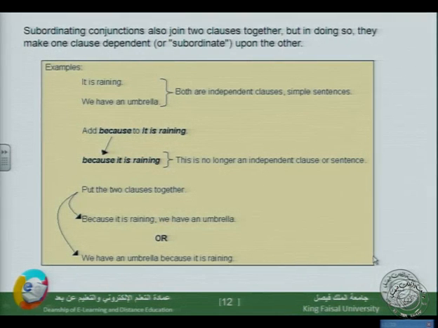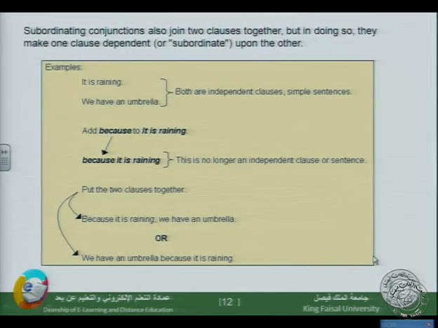In it is raining, is the meaning complete? Yes. So this is what we call an independent clause, a simple sentence. We have an umbrella: we have an umbrella in our possession. Is this a complete sentence? Yes. This is what we call an independent clause.